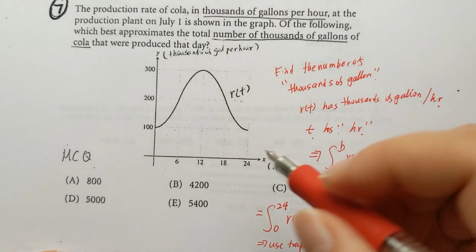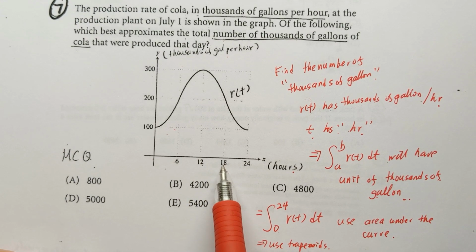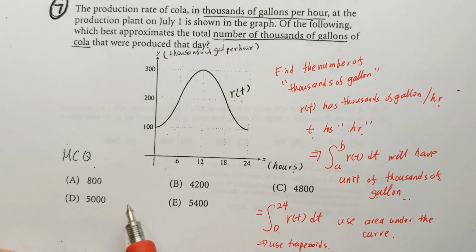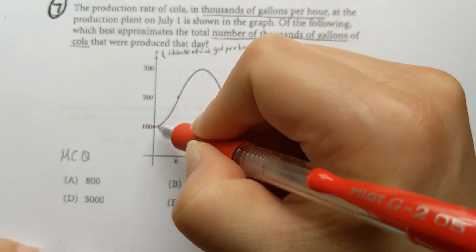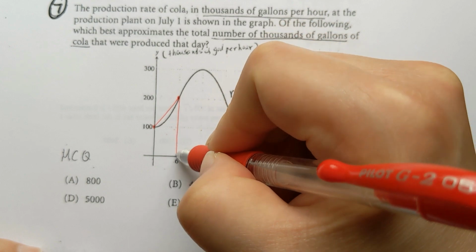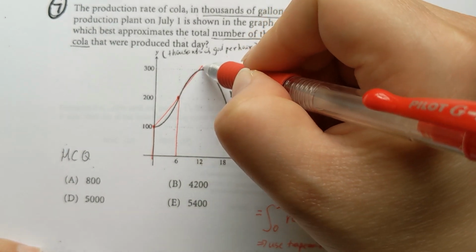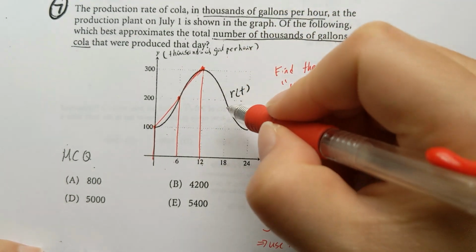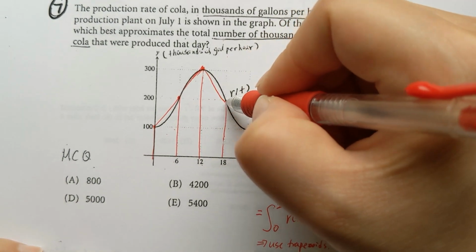Now I'm going to draw trapezoids, and you're going to have 0 to 6, 6 to 12, 18, and then 24. So I'm going to use delta x equal to 6. Over here and here, I'm going to draw my first trapezoid. And then here, I get my second trapezoid. And then here, I got my third trapezoid.